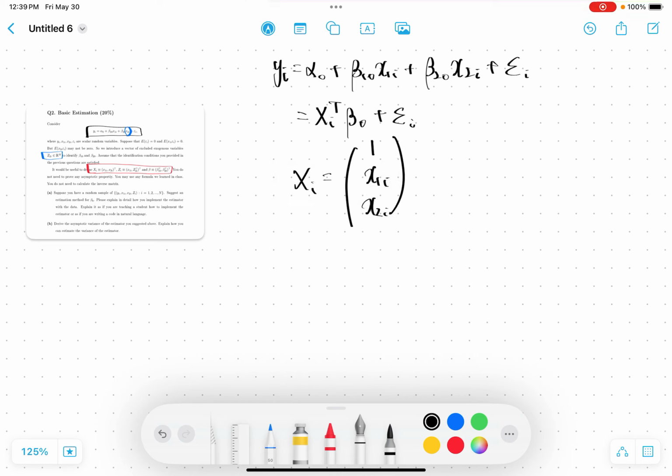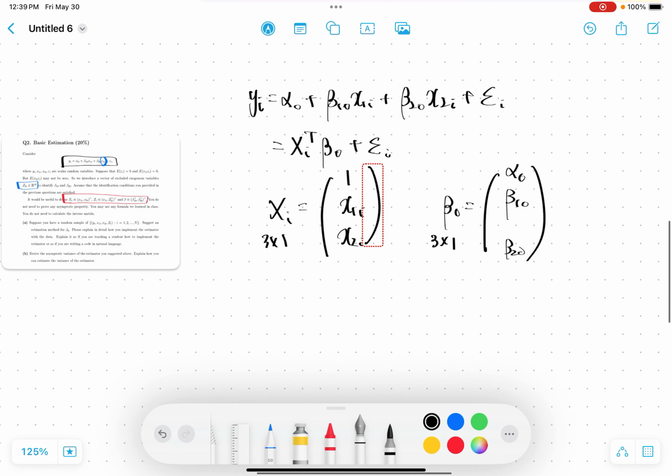It's three dimension, like a 3 by 1 vector, and of course beta 0 is alpha 0, beta 1 0, and beta 2 0, which is also 3 by 1 dimension. Okay, so this is the second stage.